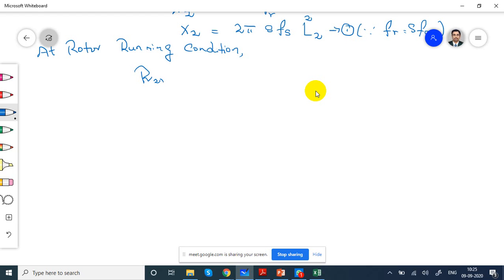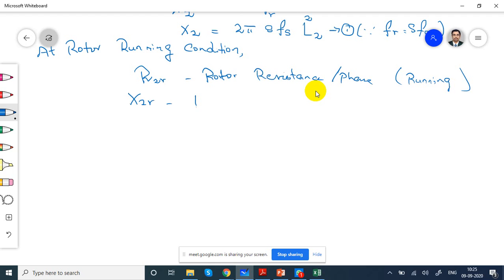R2R stands for rotor resistance per phase during running condition.